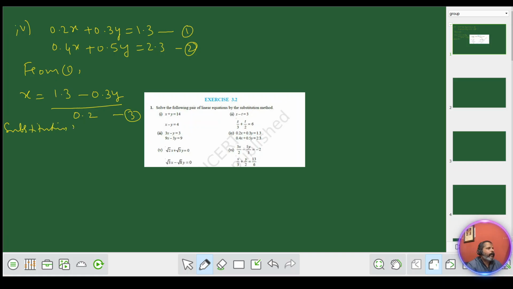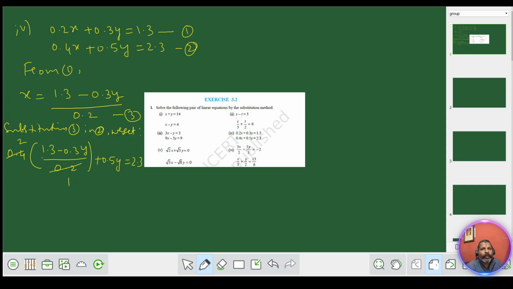Substituting 3 in 2, we get, be careful while substitution because it is a decimal one. 0.4x means 0.4 of what is x here: (1.3 minus 0.3y) by 0.2, plus 0.5y equal to 2.3. Now the equation is in single variable y. We can solve it. See, 0.2 and 0.4, they are factors here. 0.2 twos are 0.4. So now we multiply with 2.